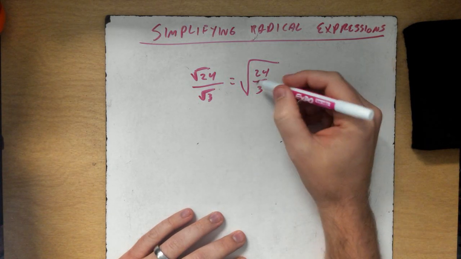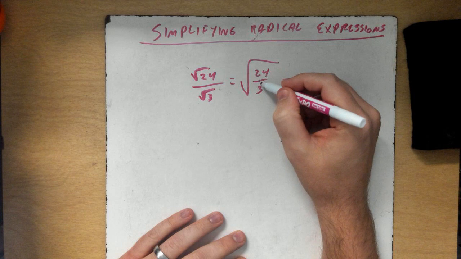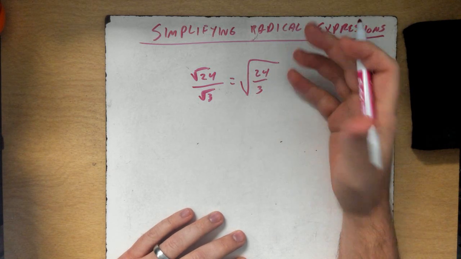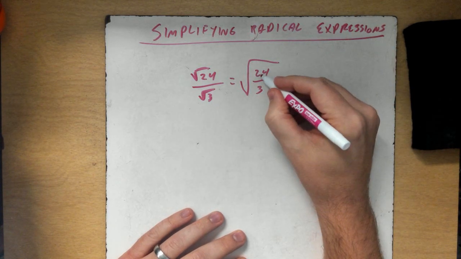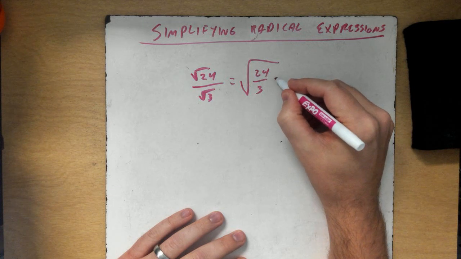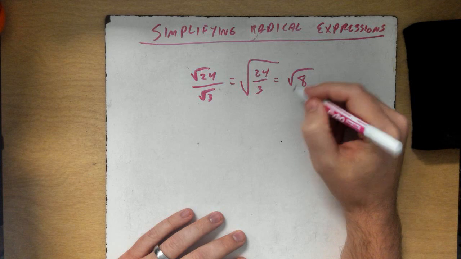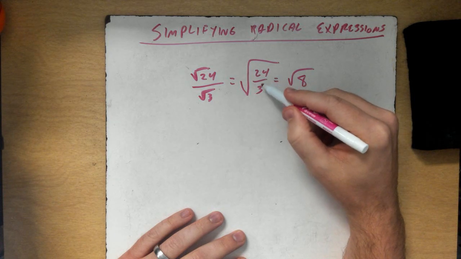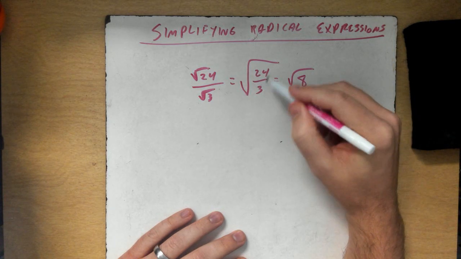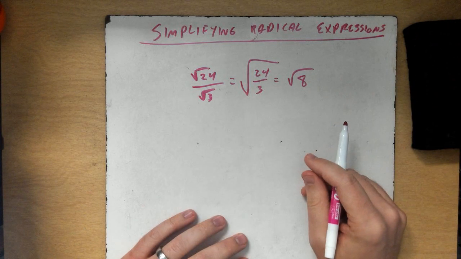When I do that, I look in the middle here. Now, 24 over 3, remember, yes, it's a fraction, but it's also a division problem, right? So if I do 24 divided by 3, that's going to give me 8. But the square root is still there, right? So I did 24 divided by 3. That gives me 8. My square root stays the same.